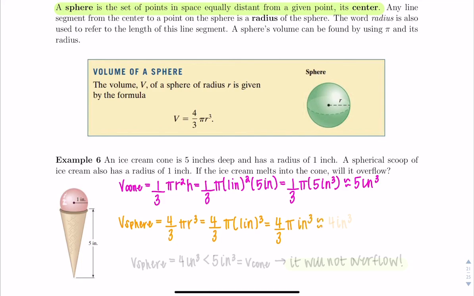And let's round to the nearest whole number. You get about 4 cubic inches. So because the volume of the sphere, which is 4 cubic inches, is less than the 5 cubic inches, or the volume of the cone, it will not overflow.